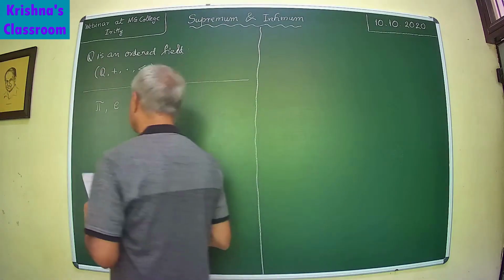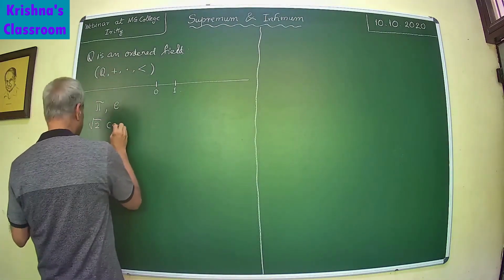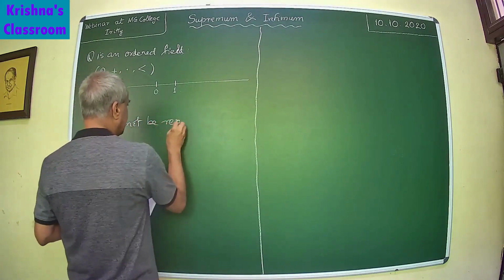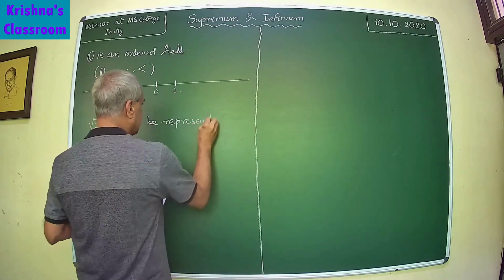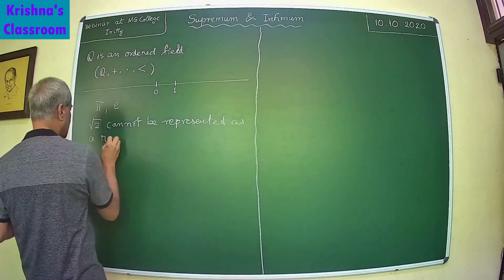Now we see that square root of 2 cannot be represented as a rational.